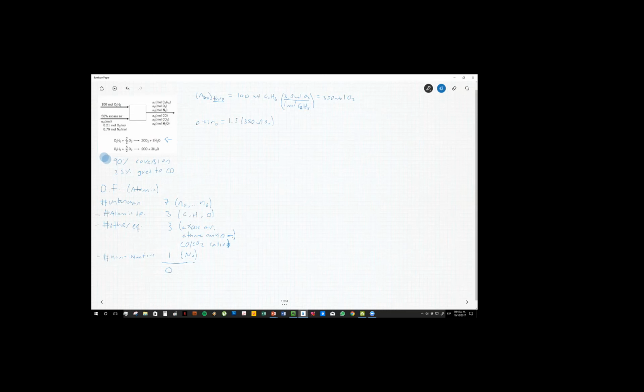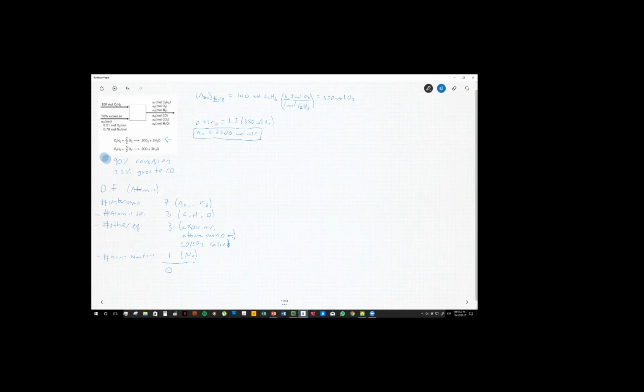So this gives us that N0 is equal to 2,500 moles of air, right? So now we have our first value, this one, N0, with the excess air relation.